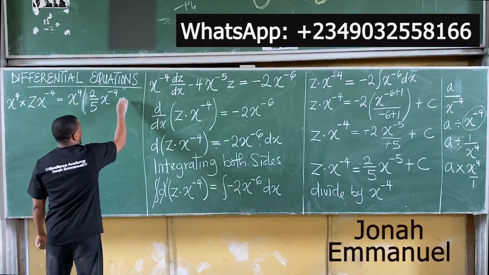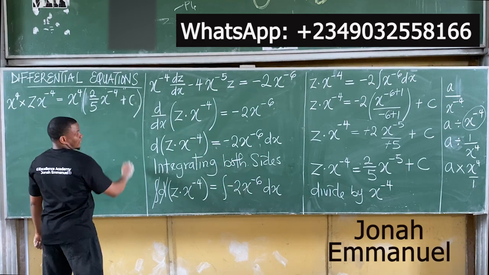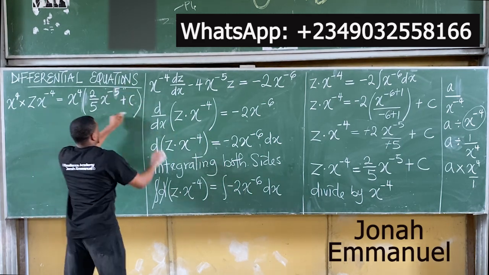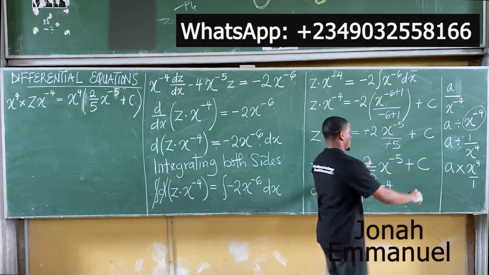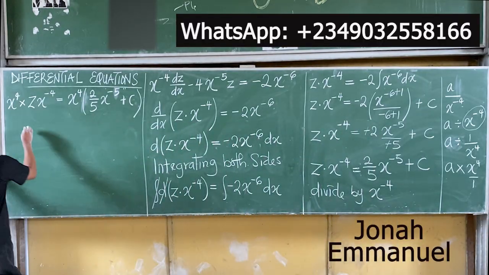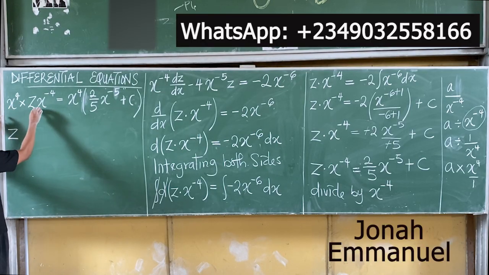This times everything there plus c. Same thing. All right, multiply by all of this. Let's expand this. What do I have here? This gives you z, because x to the power minus 4 times x to the power 4 is z.